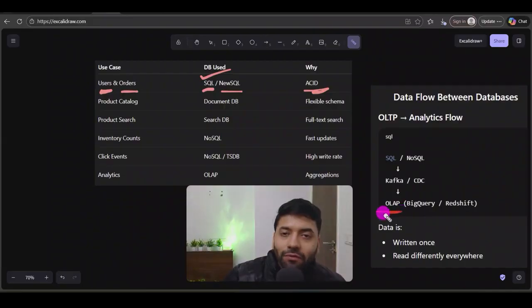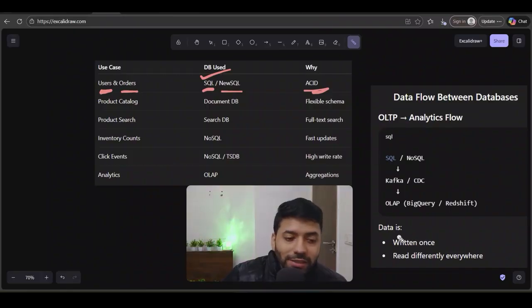In OLAP we handle things related to analytics, so for analytics operations, OLAP comes. Even the TSDB, that is the time series DB, or the search DB are also part of this OLAP category. So OLAP gets a copy of the data. The source of truth remains SQL or NoSQL, which is your OLTP.